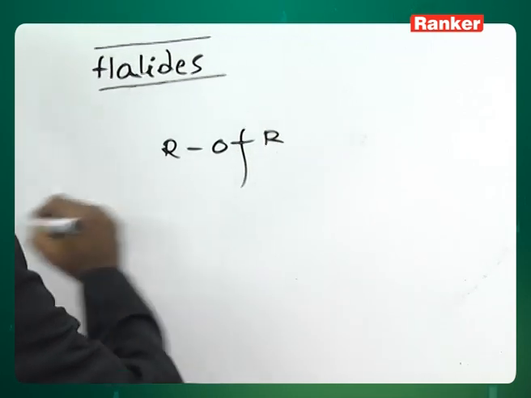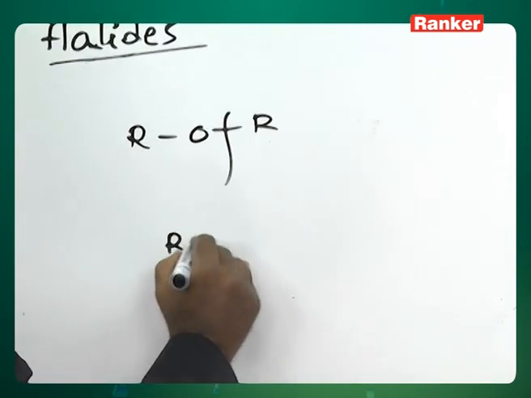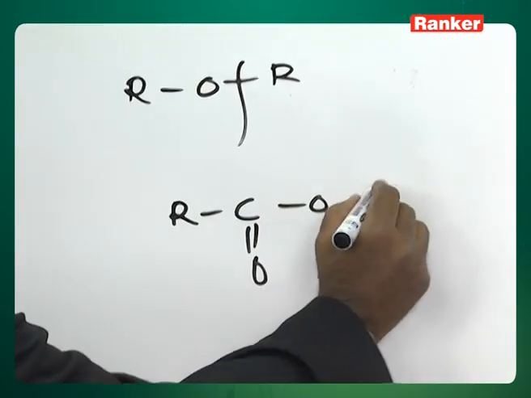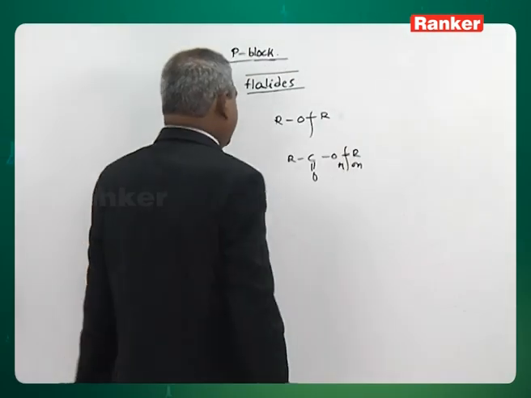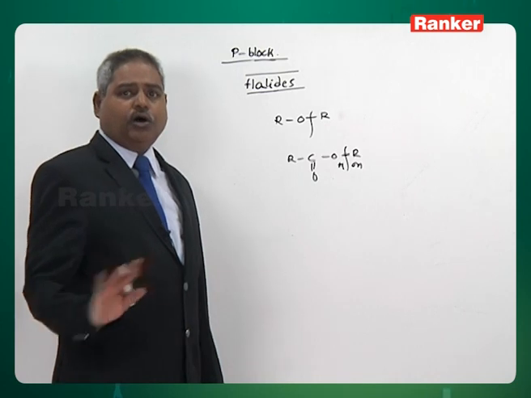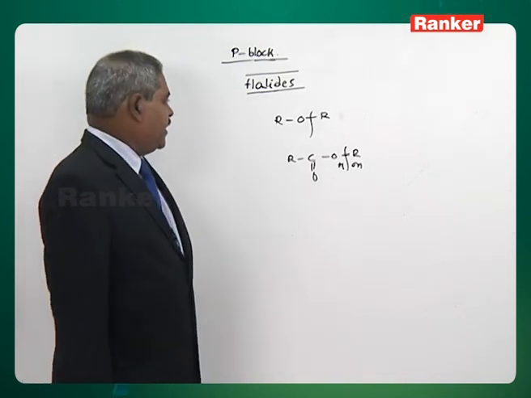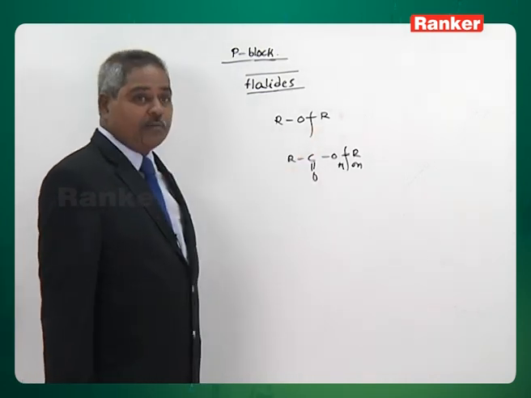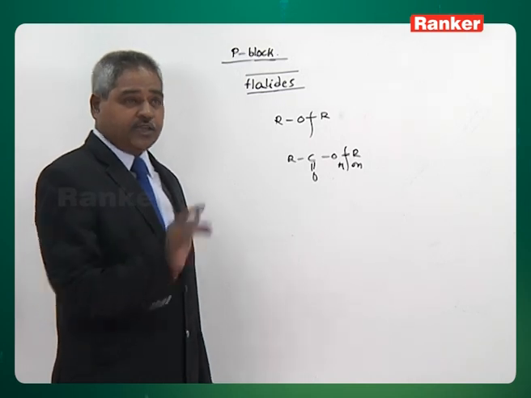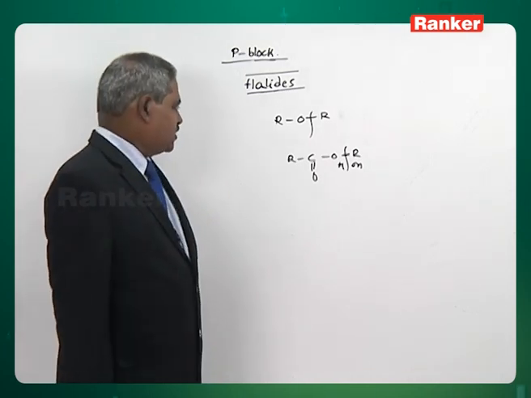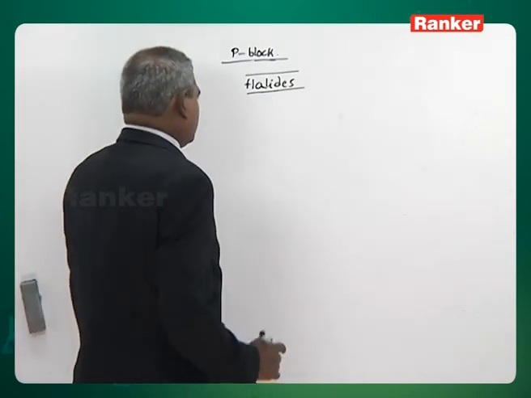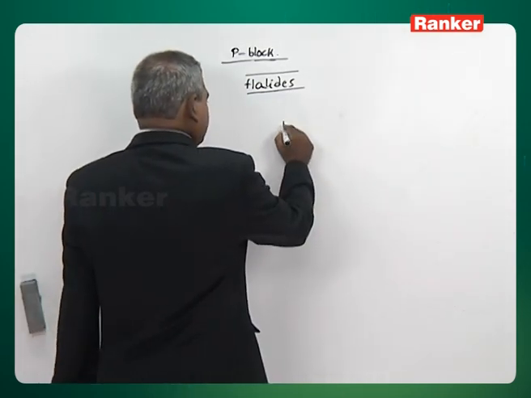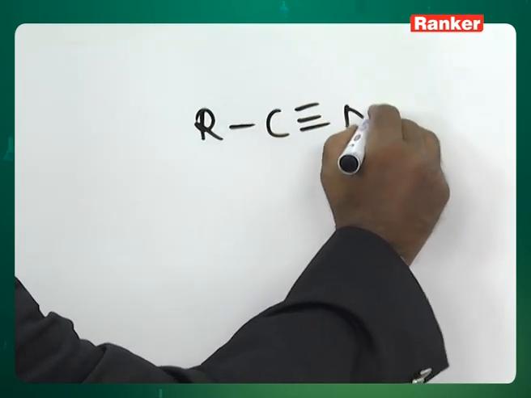So some compounds under some conditions undergo hydrolysis. ROR, ether, break the bond. RCOOR, the esters, break the bond. HOH. Esters, anhydrides, amides, ethers, all organic compounds containing a carbon-oxygen single bond. I repeat, a carbon-oxygen single bond will undergo hydrolysis. And the last but not the least, cyanides, RCN.